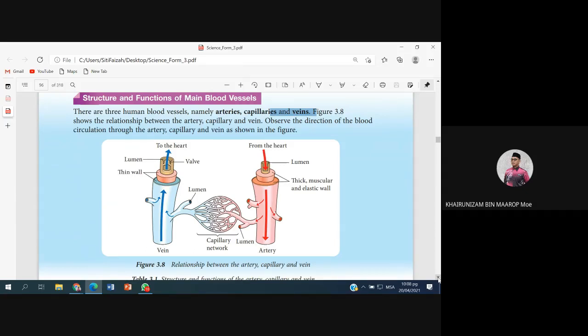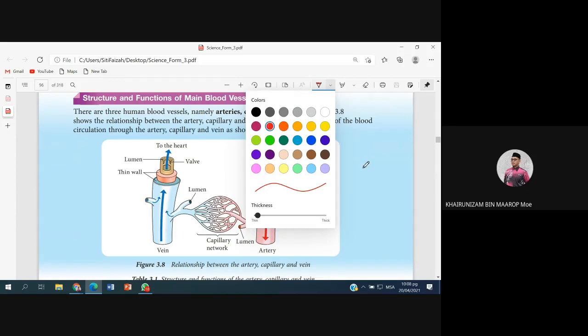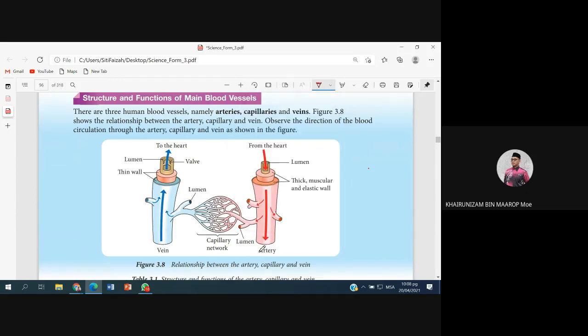Here, this is the artery, the red color, and this is the capillary, in a mixed color, blue and red, because in the capillary gas exchange occurs.